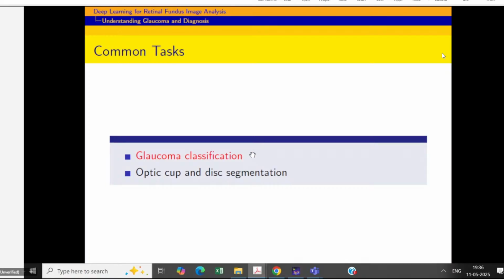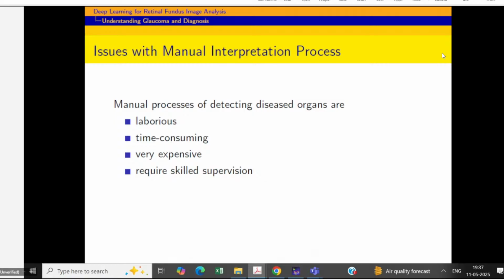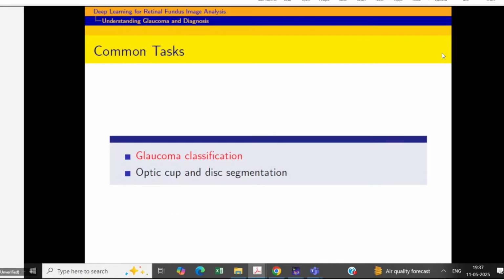Binary is a classification problem where you are given a set of images, you design a model, and your model will only tell whether it belongs to the normal or healthy eye category or the glaucomatous eye category. That's a binary problem. But as we all know, glaucoma stages are also very important for us, so we can also identify at which stage the patient is. That also we can do.